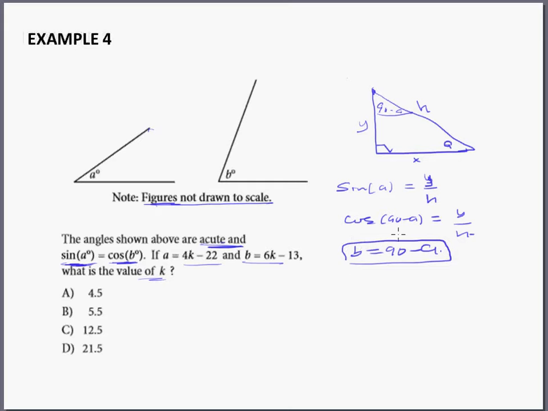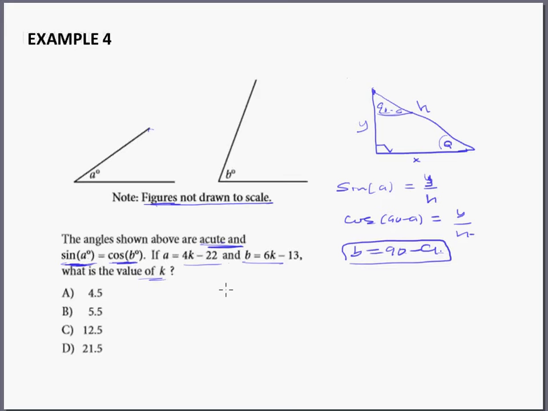Yes. So since sine of A, which is Y over H, is the same as cosine of 90 minus A, that means B is equal to 90 minus A. If B is 90 minus A, then we can solve this right away.